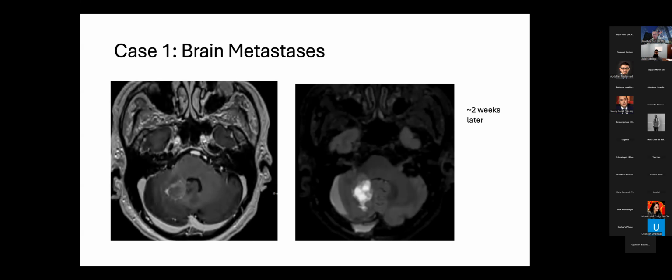But there are several retrospective papers that suggest that if the gap between the planning MRI and the radiation delivery is more than 2 weeks, your control with radiosurgery can diminish significantly in the case of brain metastases. This is not necessarily the case in benign tumors, where maybe a 3 to 4 week gap is okay as well.